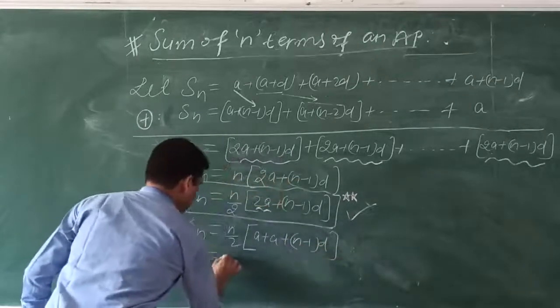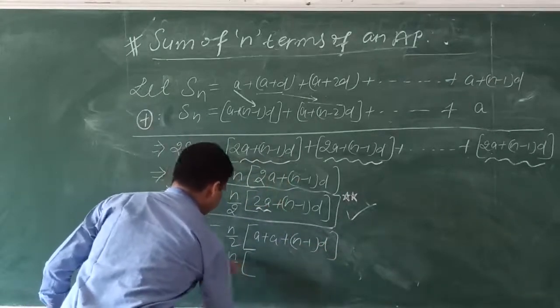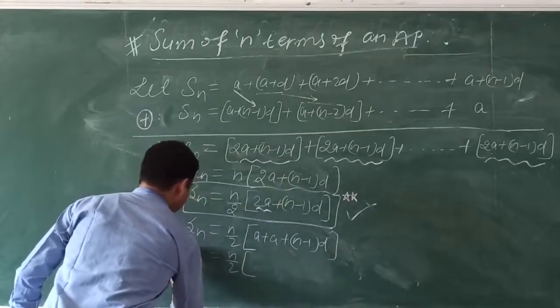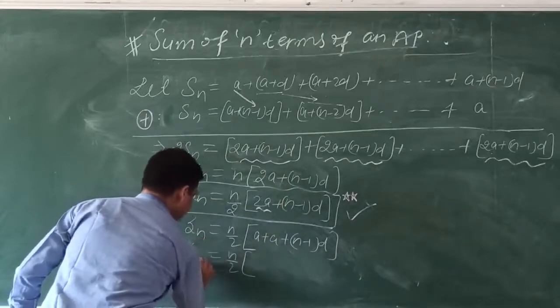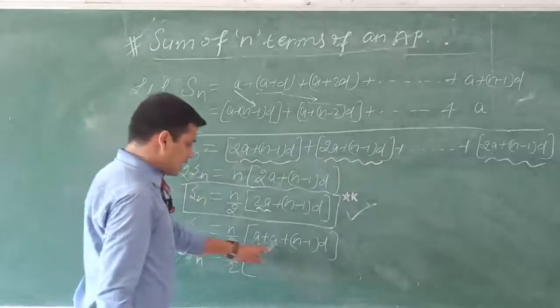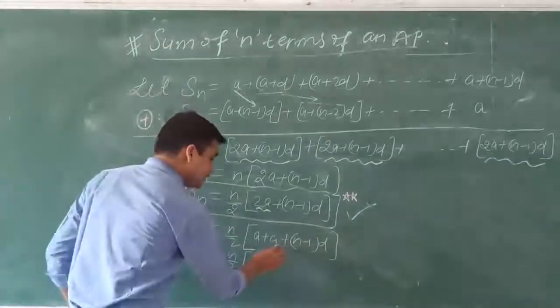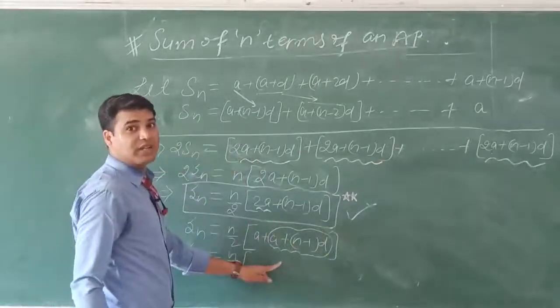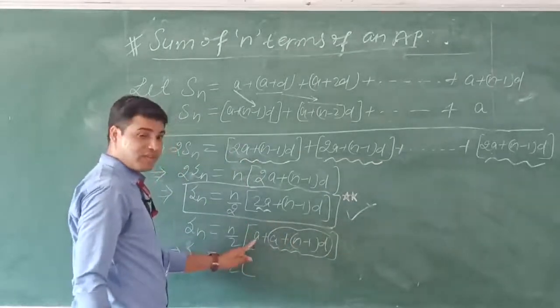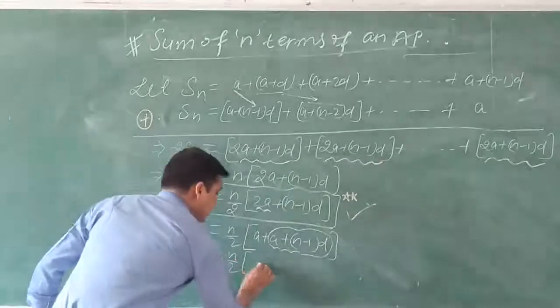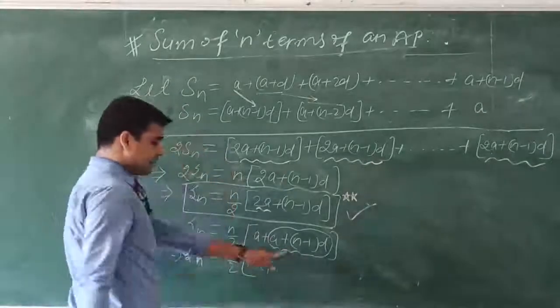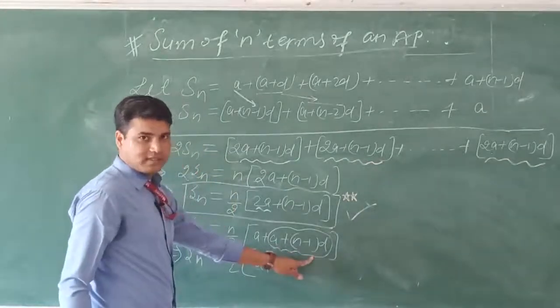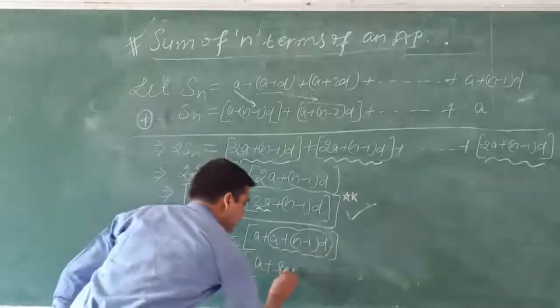So Sn equals n by 2 into a plus a plus n minus 1 into d. We know that a plus n minus 1 into d is tn, the last term, and a is the first term. The last term is denoted by a small l, so a plus l.